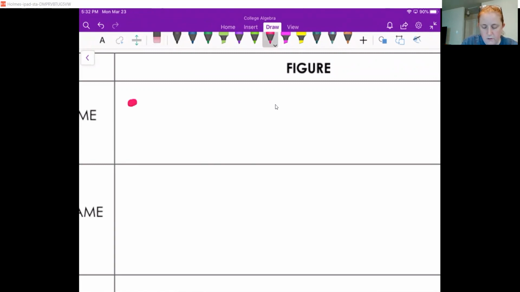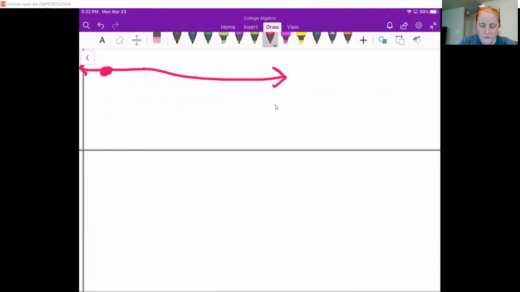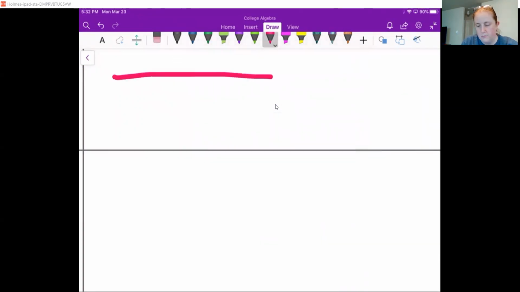If you have a line, we're going to pretend that that's straight. All the points on that line have to line up in order for them to be collinear. I'm going to redraw that so it actually looks straight. All right, so collinear, all your points must line up.